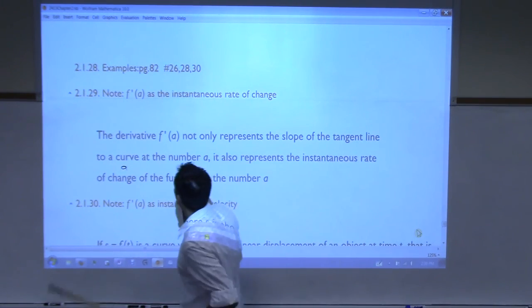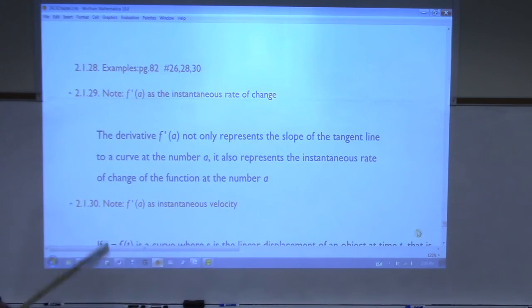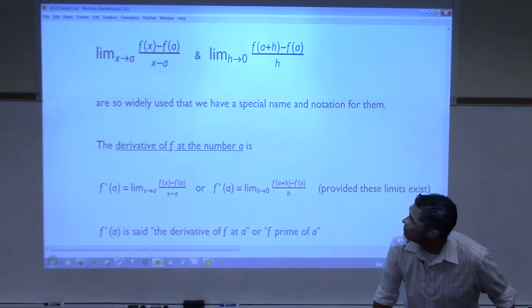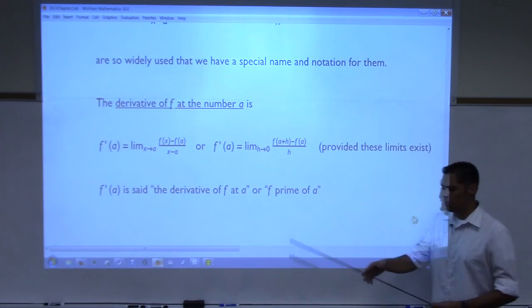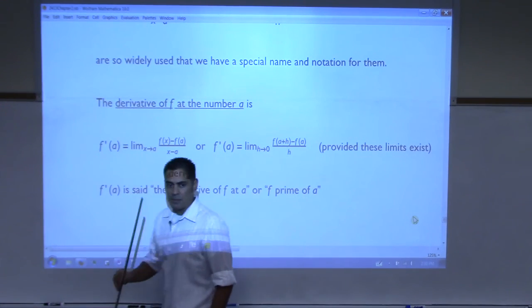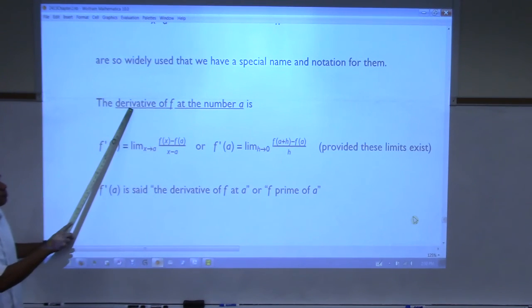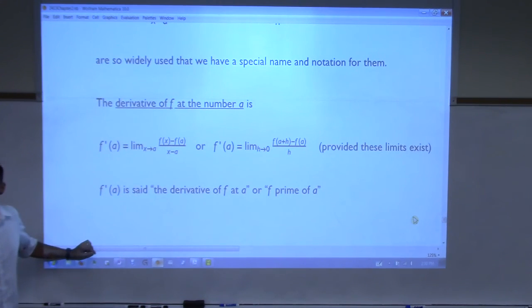So this whole idea of finding the slope of the tangent line, where's the notation? There we go. Okay. This comes into play so often, right? Finding the slope of this tangent line, that it has a special name. The slope of the tangent line is called the derivative of the function at a. The derivative. And if you ask someone who's taking Cal 2 what Cal 1 was about, a lot of them will say it's about the derivative.